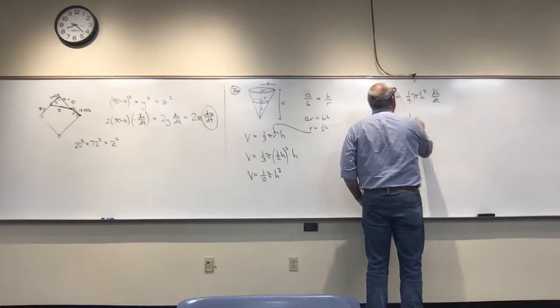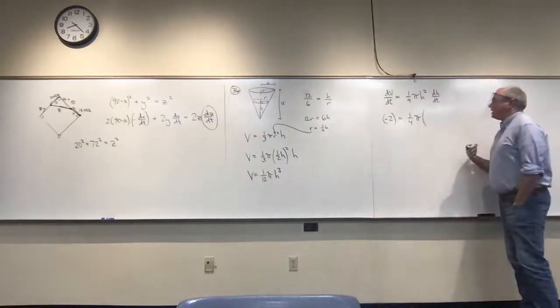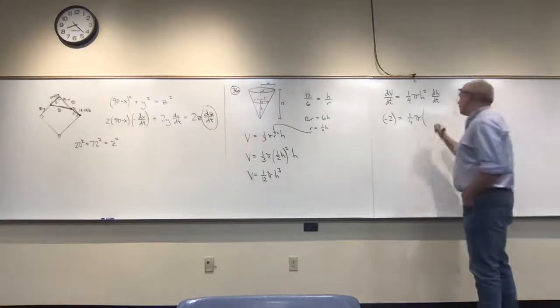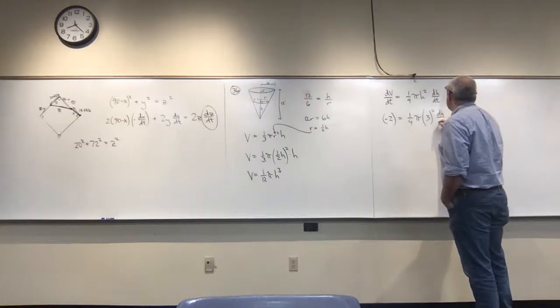And this is 1/4 pi. They give us h, right? They say at height, is it 3? Yeah, this is 3 squared, dh/dt.